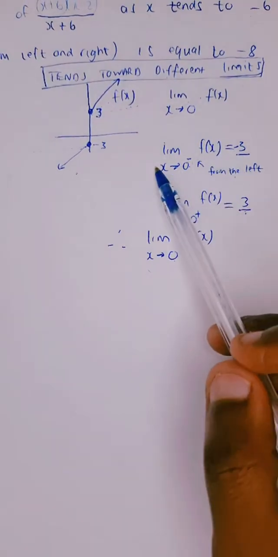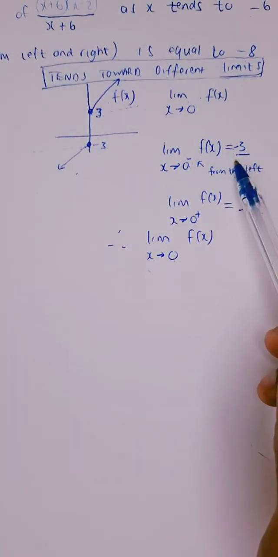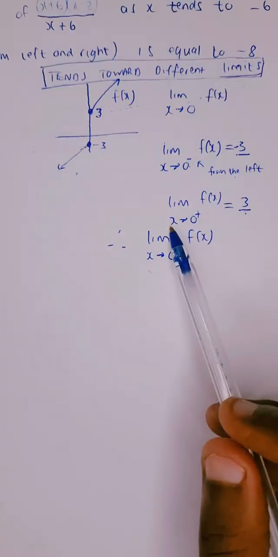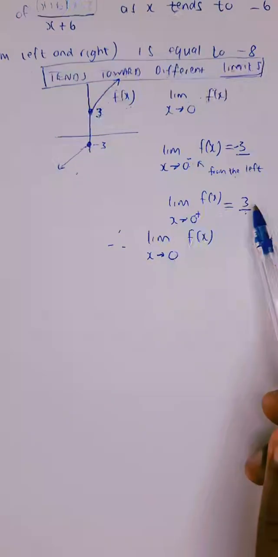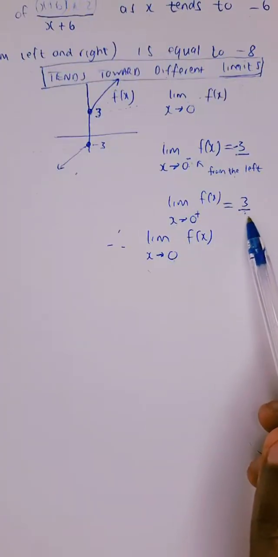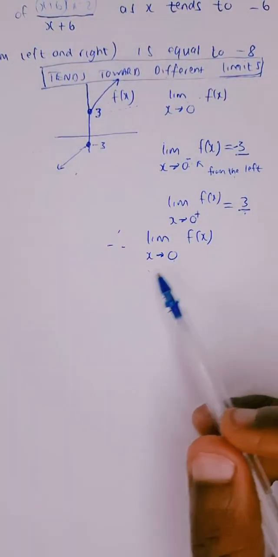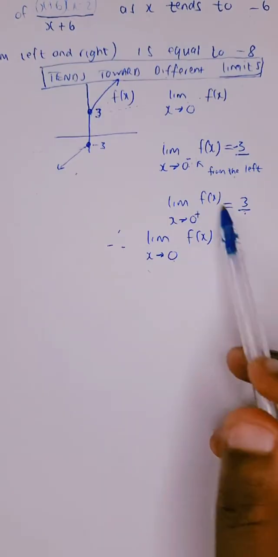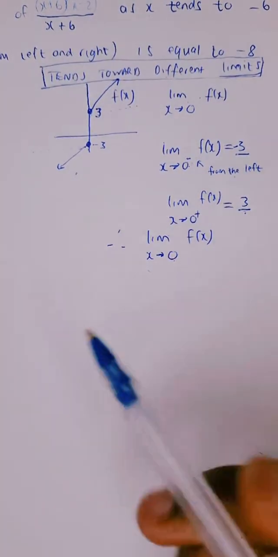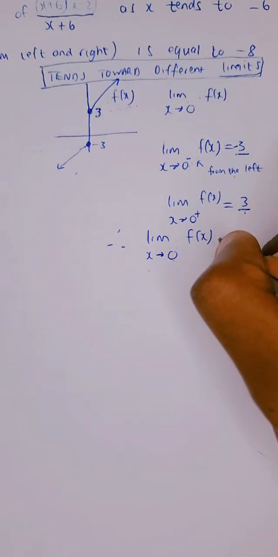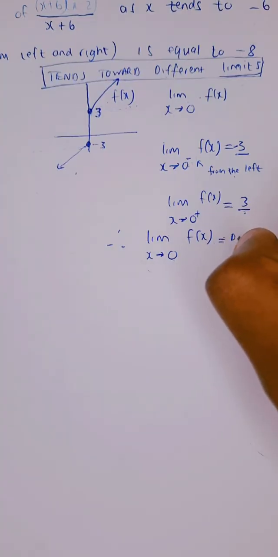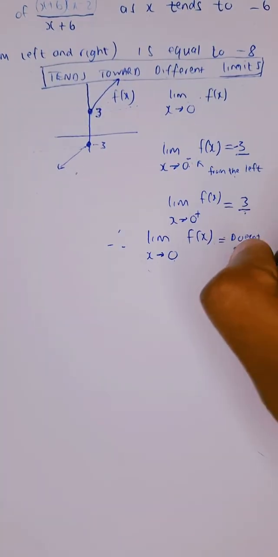We've looked at the left, and the limit value is -3. We've looked at when it tends towards 0 from the right, and we found a different limit value. Therefore, we can conclude that the limit of f of x as x approaches 0 simply doesn't exist.